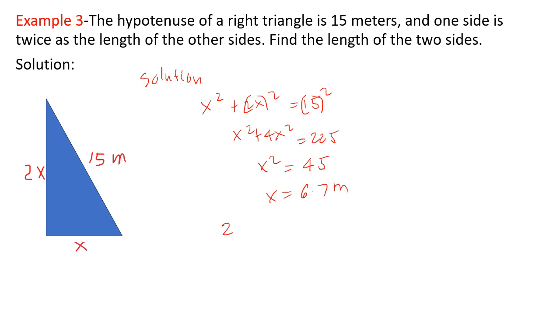The other side, 2x, equals 2 times 6.7 equals 13.4 meters. So the two sides: x is 6.7, the other one, 2x, is 13.4 meters.